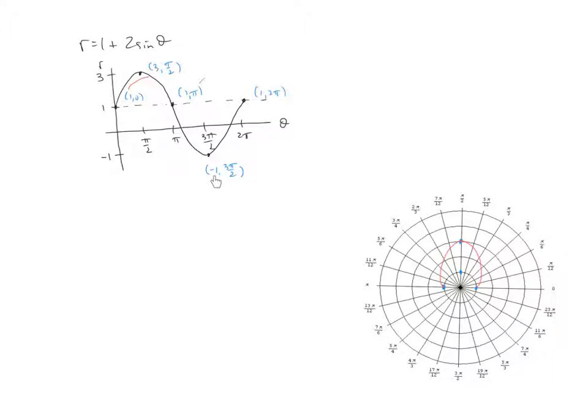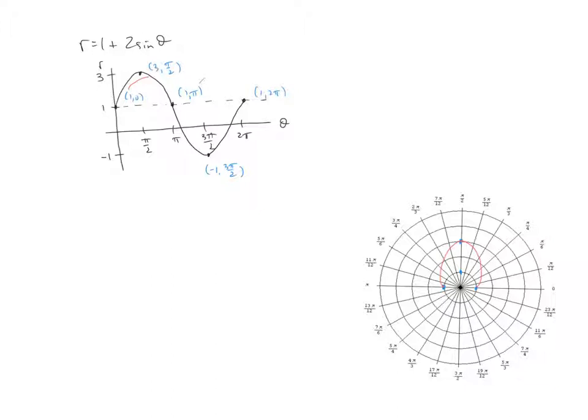Now, to connect those 2 points, notice this graph goes across the theta axis. Now, we haven't paid much attention to it because it's not on one of our standard tick marks, but by going through the theta axis, just like it's meant in all the other examples, it's got to go through the pole. So as I travel from this point to this point on the polar graph, I'm going to need to go through the pole.